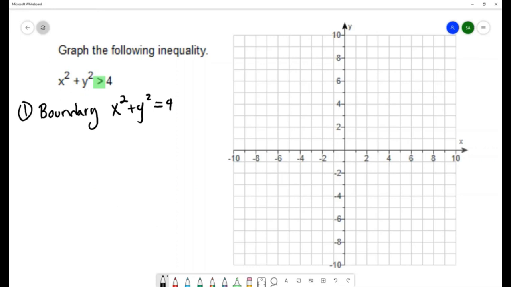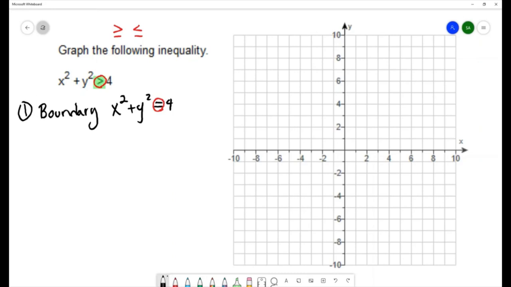Now, our boundary line is equal and our inequality is greater than. Greater than does not include equal. If we had the inequalities greater than or equal to, or less than or equal to, that would include the boundary. But ours does not include the boundary.